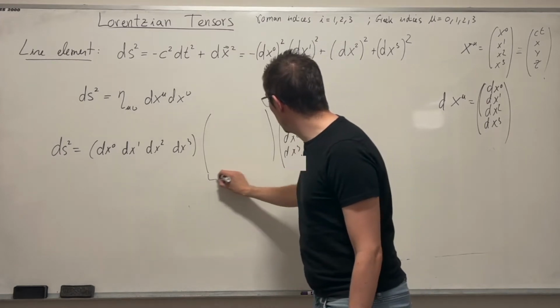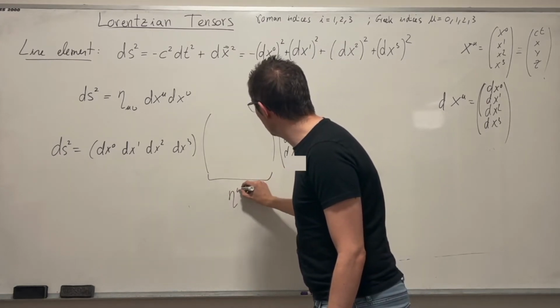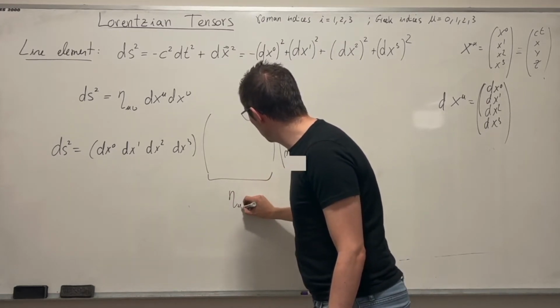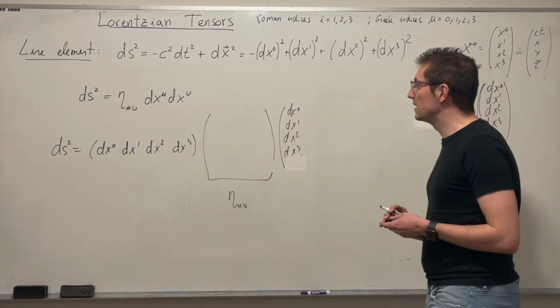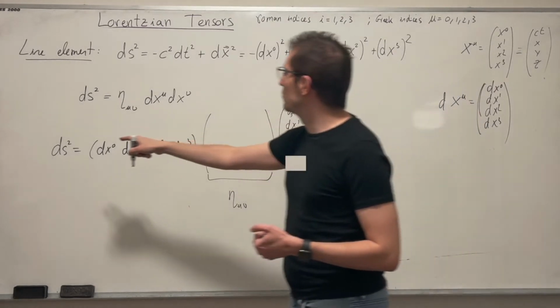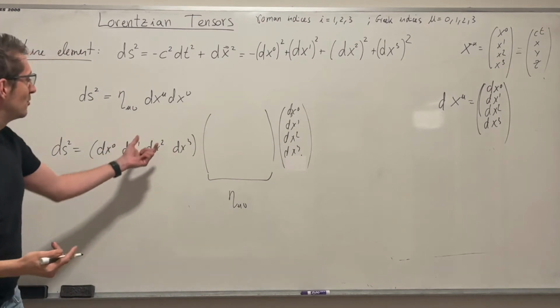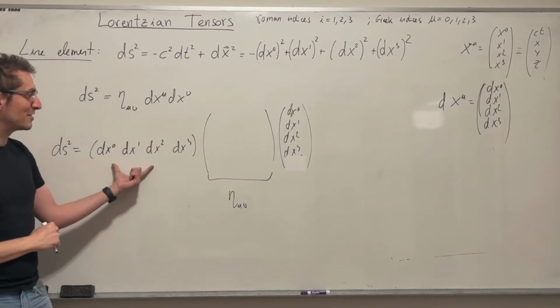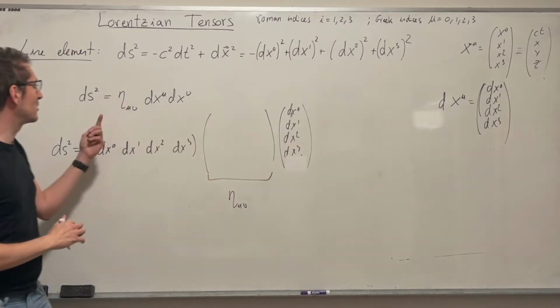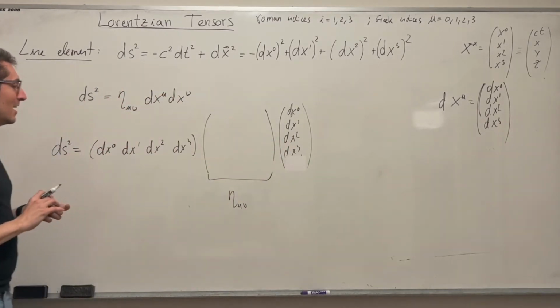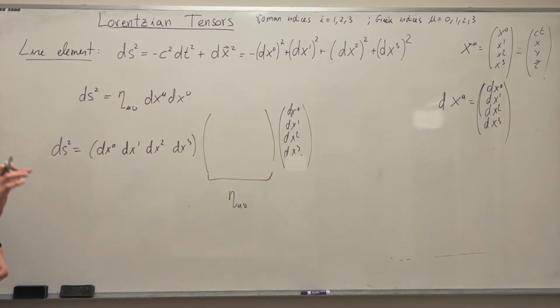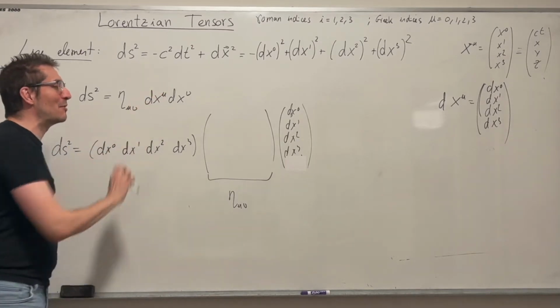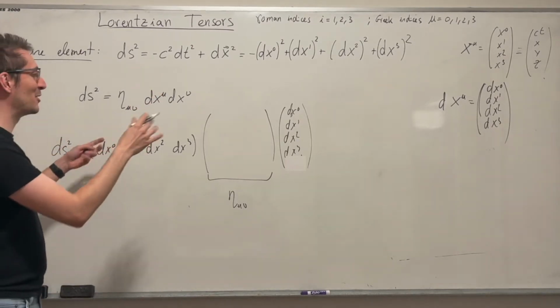So these are the matrix elements eta mu nu. All right, and I want ds squared to be a product of this, as I wrote it here, a row vector, a matrix, and a column vector. So it's contracting two indices. So you see how having index up or down is not related to being column or row.